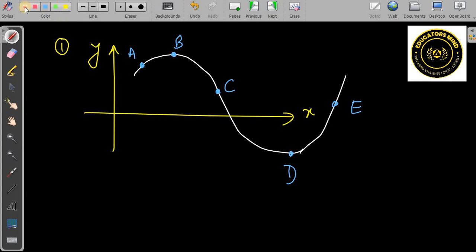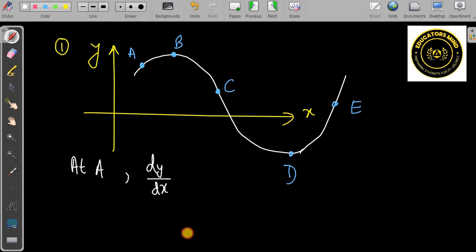You have to tell what is the sign of dy by dx. So at A, dy by dx is what? Is it positive? Is it negative? Is it 0? Three things you have to tell: either positive, negative or 0.